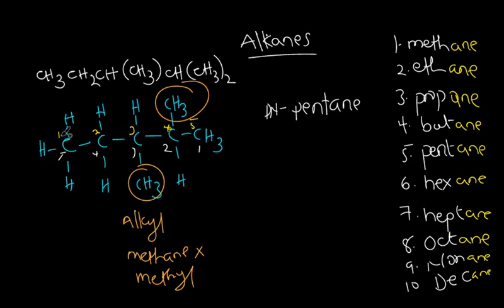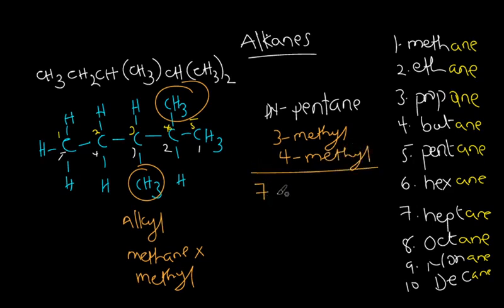So if we are naming from this side as our longest chain, then we have the first methyl on carbon 3, so we have 3 methyl. Then our second methyl will be on 4, so we have 4 methyl. So overall we have what? 7, as our number, that is the positions of the methyl groups.